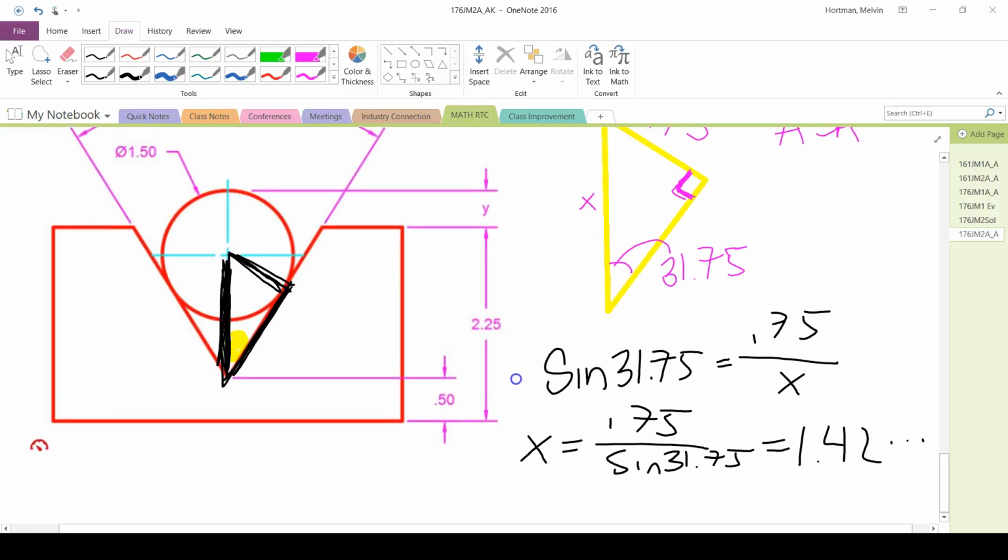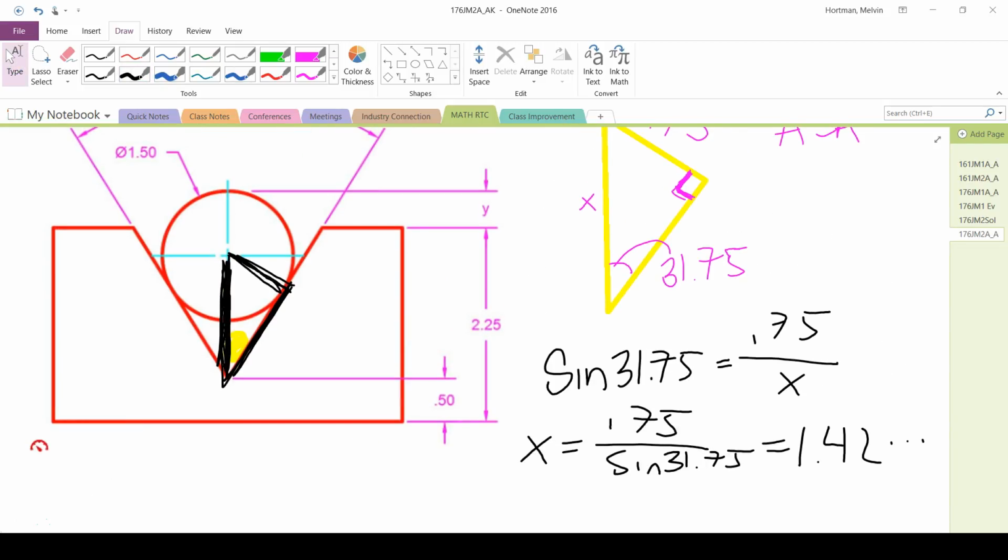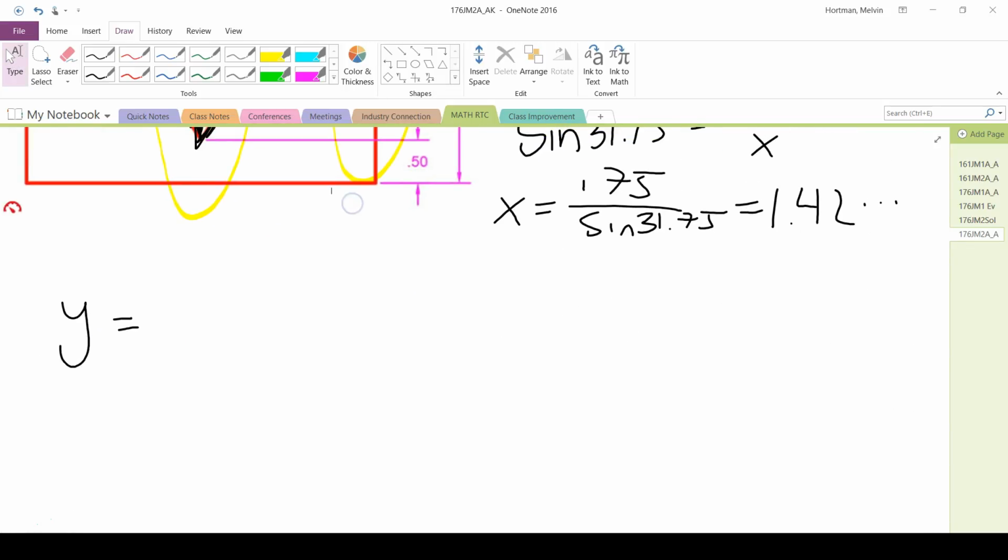Let's figure out what y is going to be. y is going to be equal to all of this minus all of this. So that's going to be 0.75 plus x plus x plus 0.5.